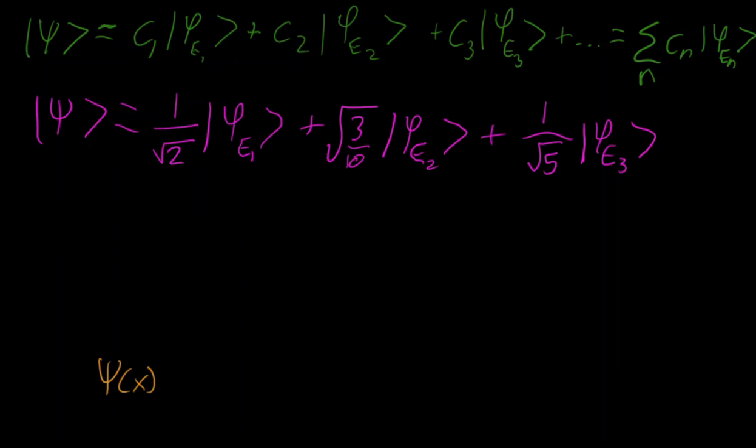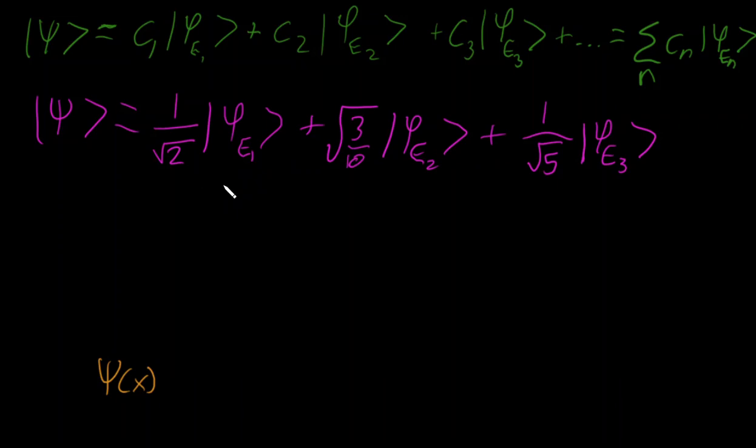To do that, we should figure out how to express each of these basis vectors in the x basis, the position basis. That's what we did before when we were trying to get from the color basis to the hardness basis. We figured out how to express the color state vectors in the hardness basis, and then we put that in.